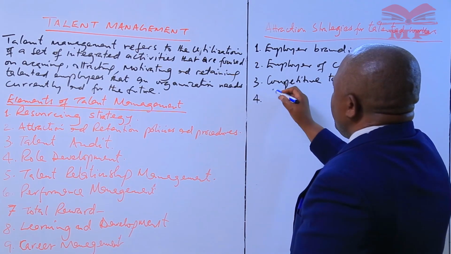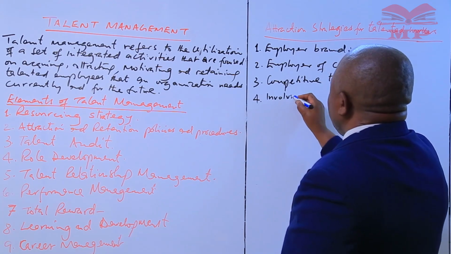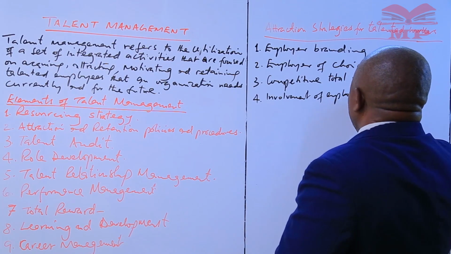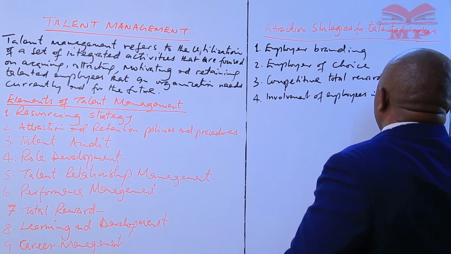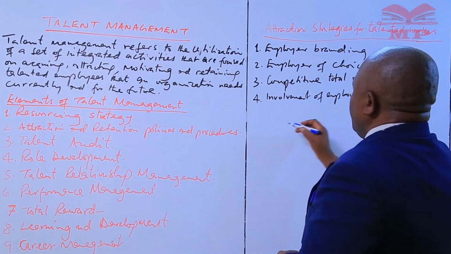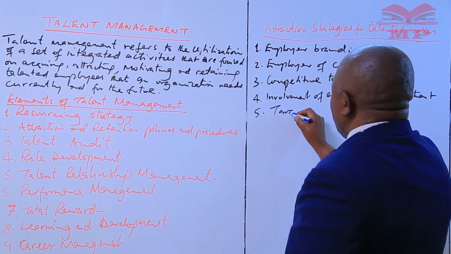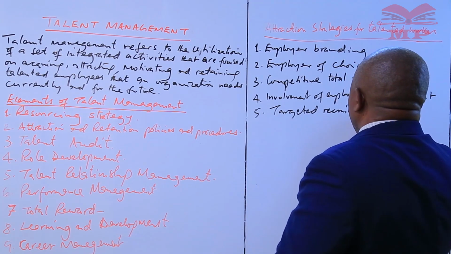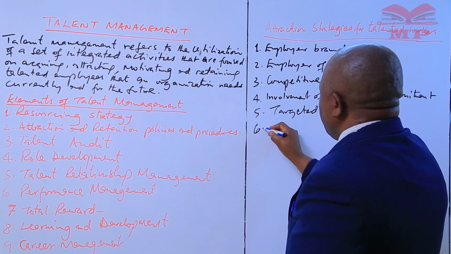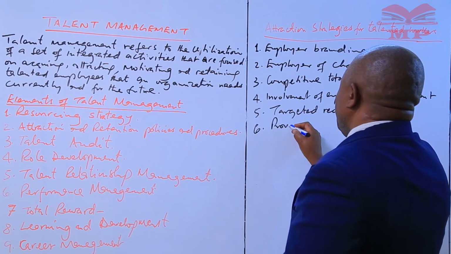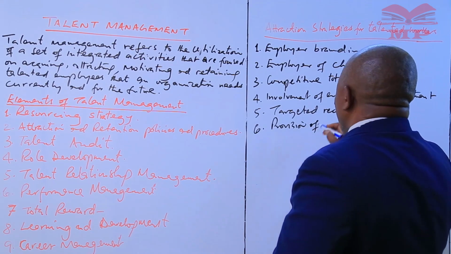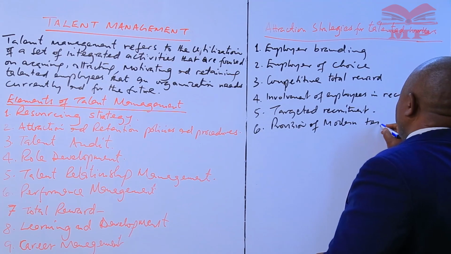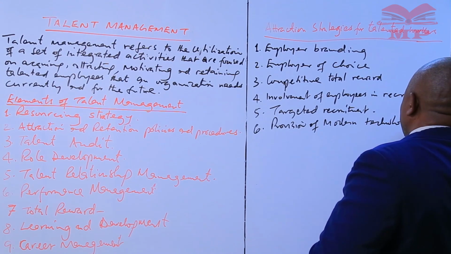Number four, involvement of employees in recruitment. Number five, targeted recruitment. Number six, provision of modern technology to employees.